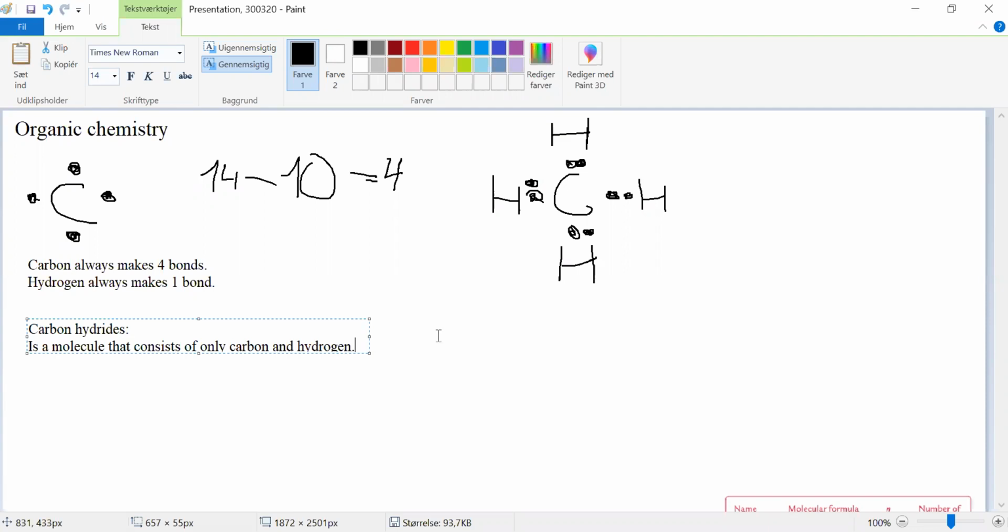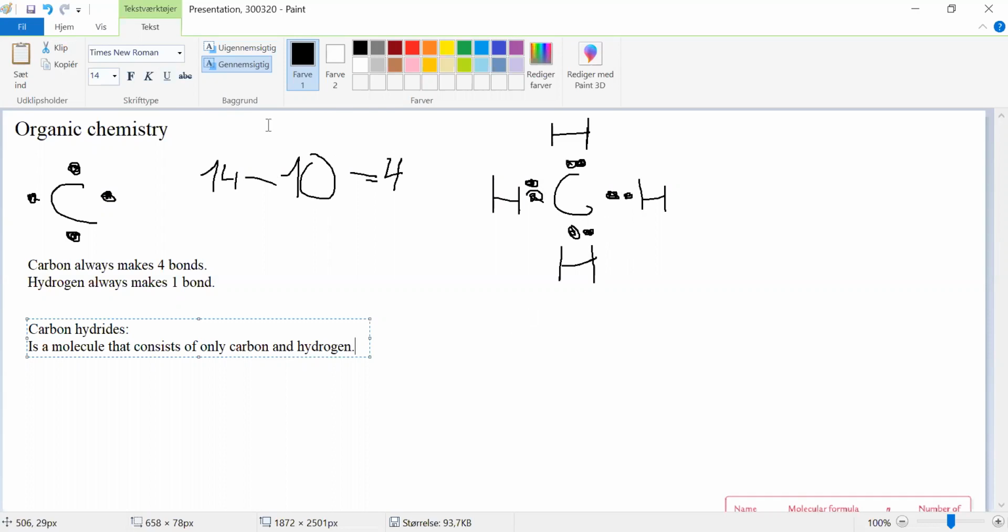So that does not seem like we can form a lot of different molecules, but you can really form a lot of different molecules from only carbon and hydrogen. And you can find a lot of those molecules in nature. So that means that we can form more molecules than just this one that I've drawn here so far.